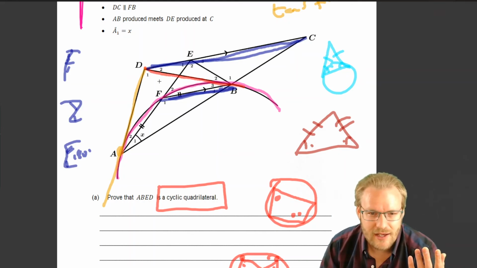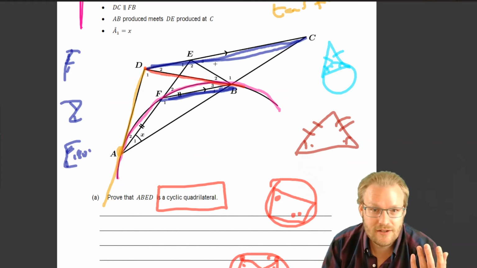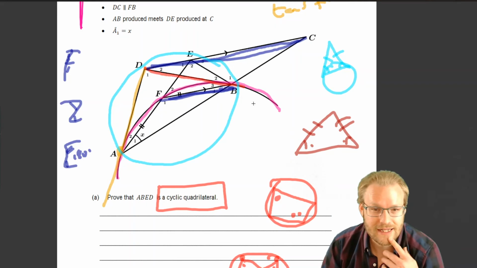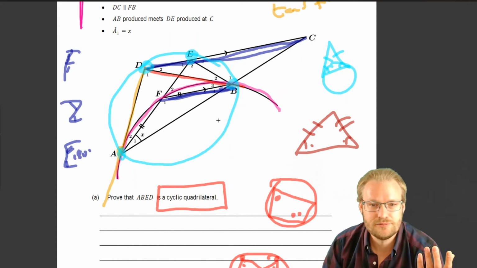ABED. So in other words, if you drew a circle, a terrible looking circle like that, and again it will go further around, is that a cyclic quadrilateral? Can you draw a quadrilateral through all of those points?